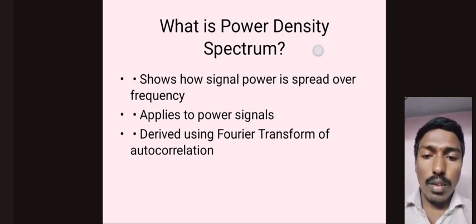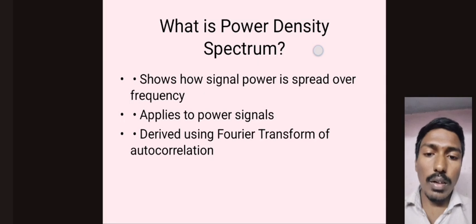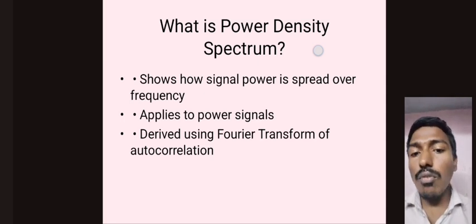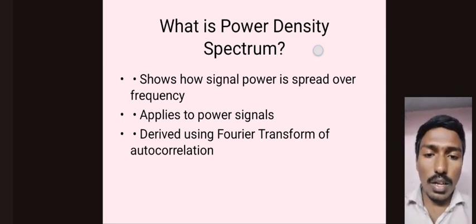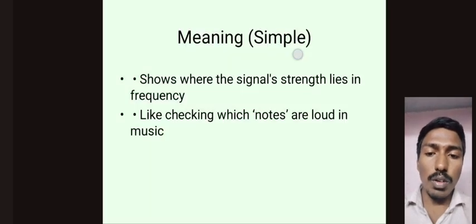So for this we get the power spread over frequency. It is derived from the Fourier transform of the autocorrelation. So that's it, in simple meaning.